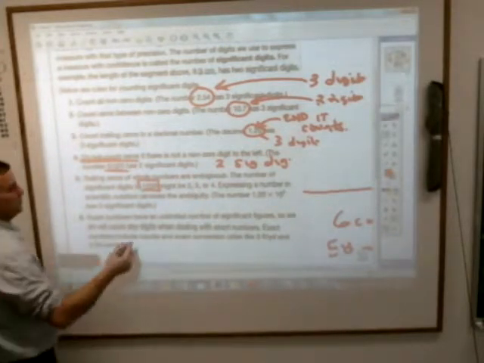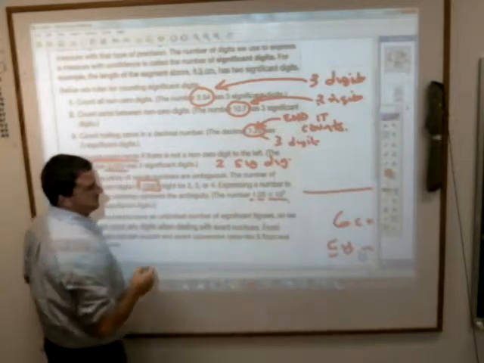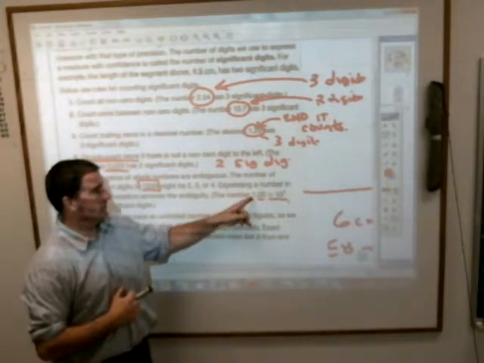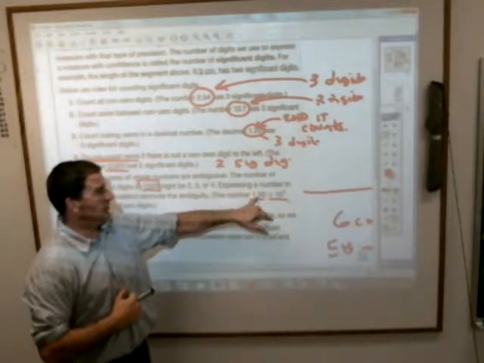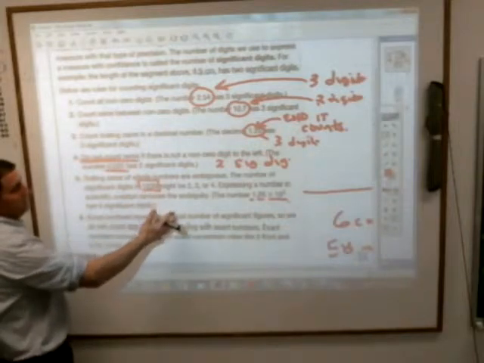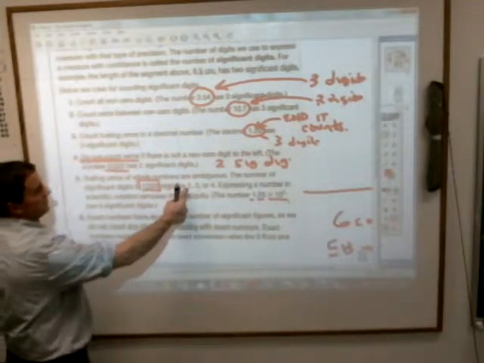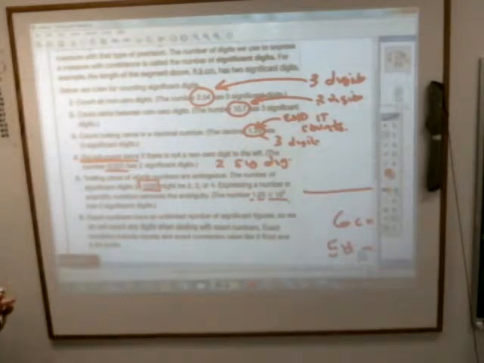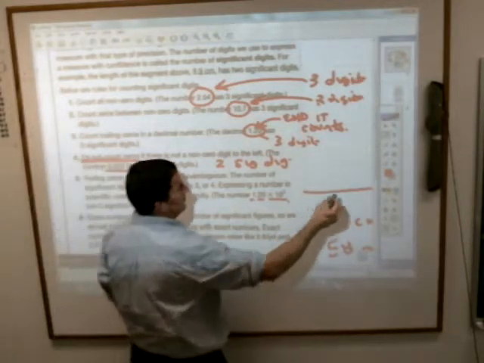But it says you can fix that if you write it in scientific notation. If it's written in scientific notation, then you count 3 digits there. But if it's written like this, you don't know. It's got to be at least 2, can't be any more than 4, but I've only done this once in my life, so I'll do the best I can with this.